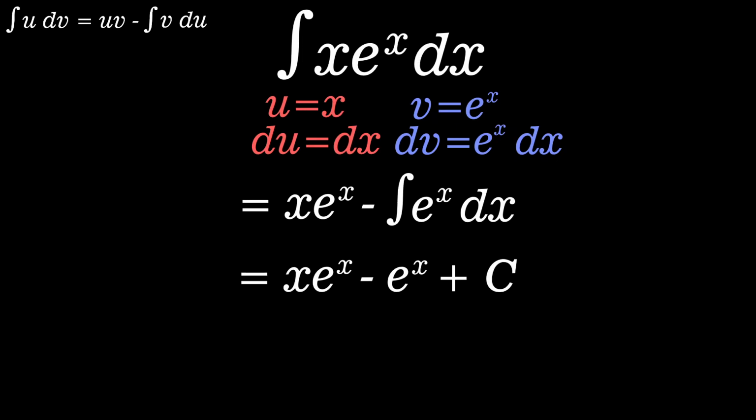That's just e to the x again, so our answer is x times e to the x minus e to the x plus c. Or you can write it as e to the x times the group of x minus 1 plus c, but that's not entirely necessary. Never forget the c. That's one of the bases of our antiderivatives. Gotta add that integration constant.